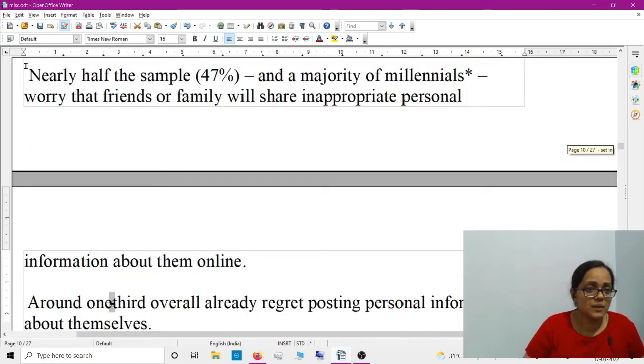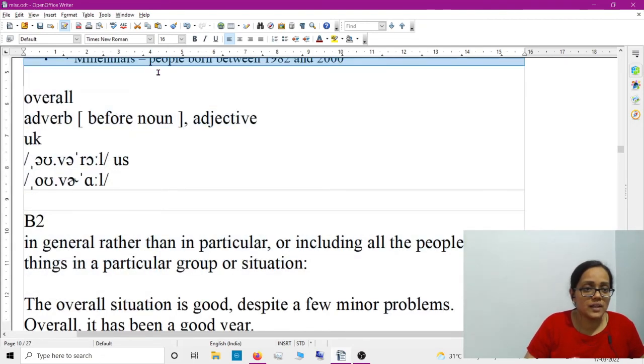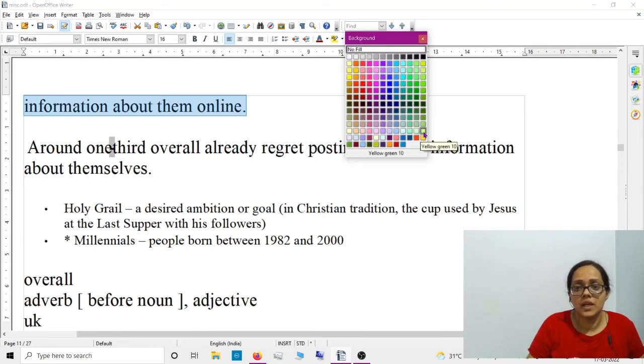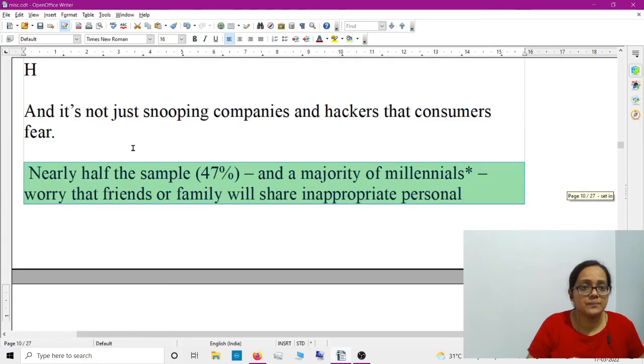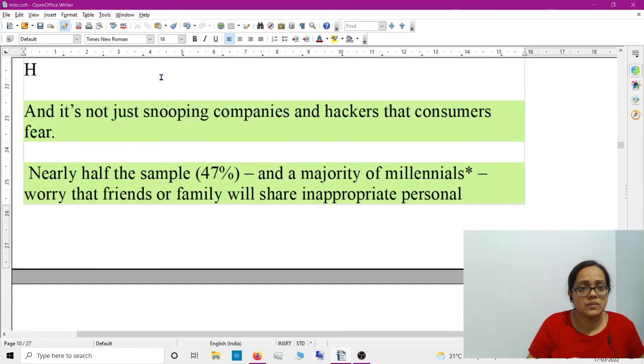Because the color got faded, I colored in a different color in order to identify. So let us check this meaning.